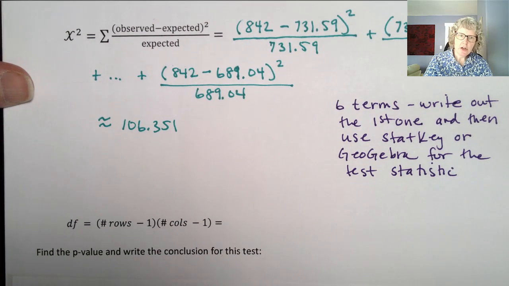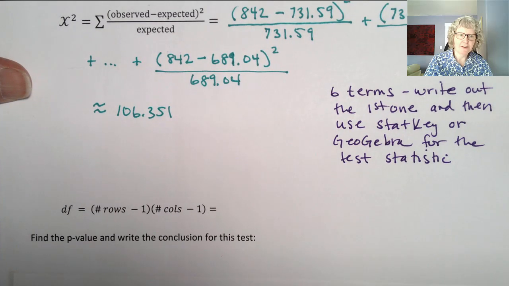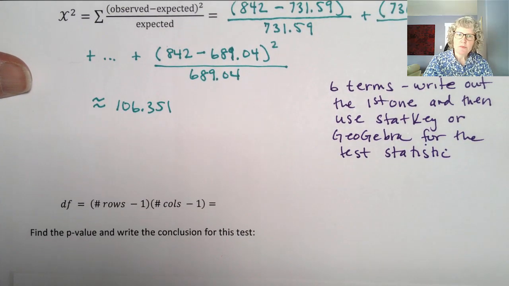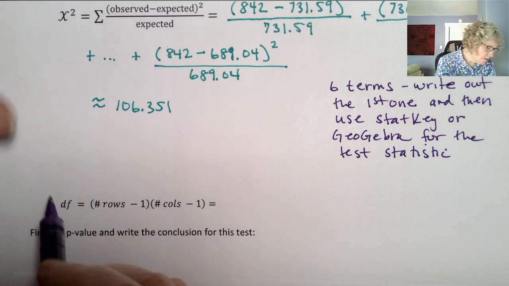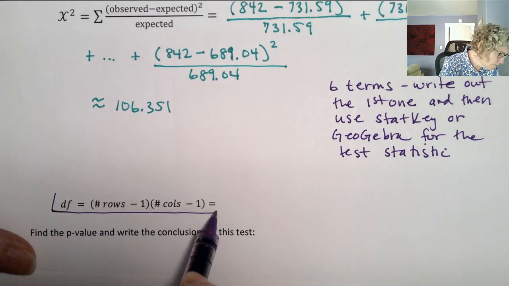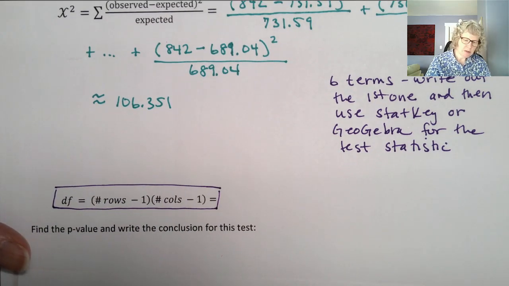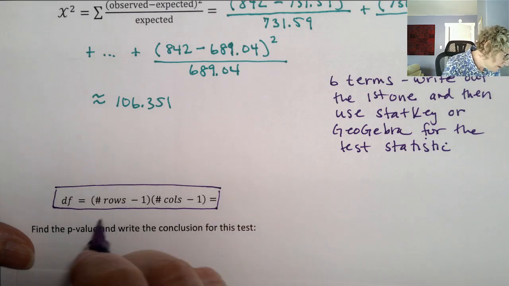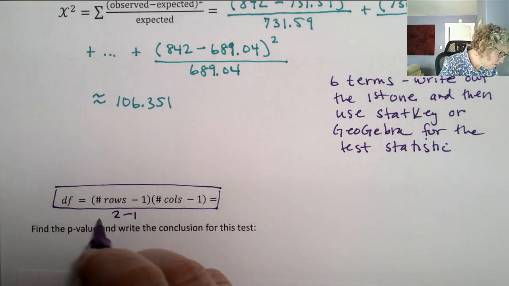Another thing we need to know are the degrees of freedom. Because we have rows and columns this time, it is the number of rows minus 1 times the number of columns minus 1. In this case, we have 2 rows, 2 minus 1.